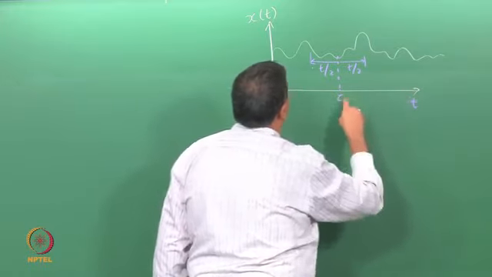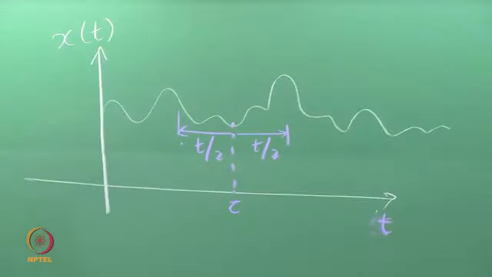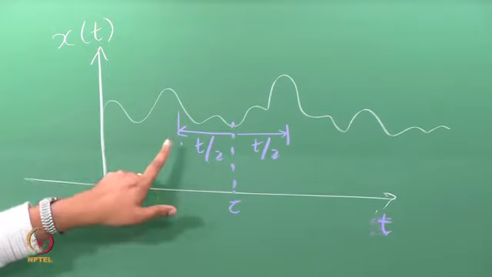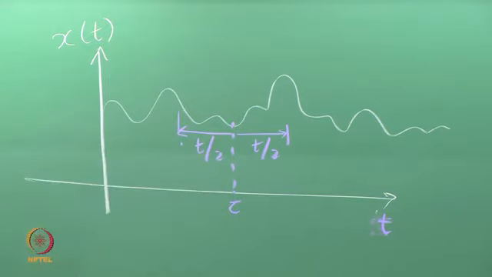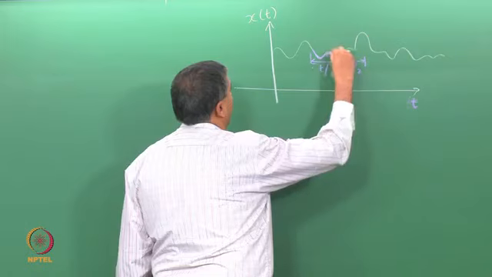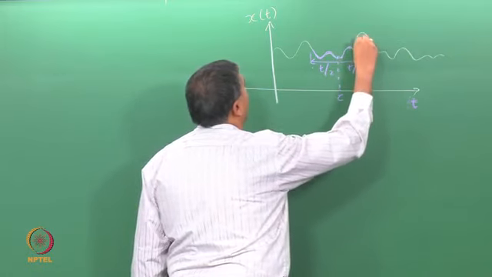Yeah. So, I am standing at time tau and I am looking to the left and right and asking what is the extent of overlap between this segment here and this segment here.